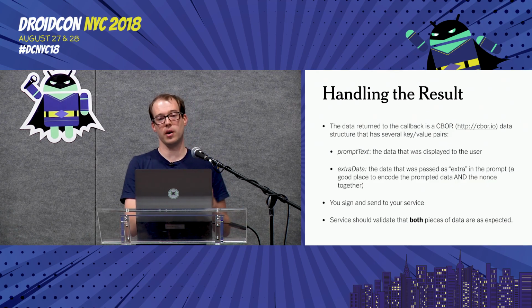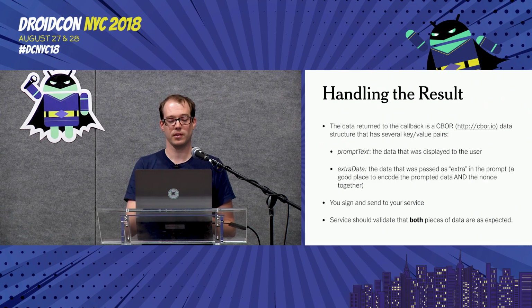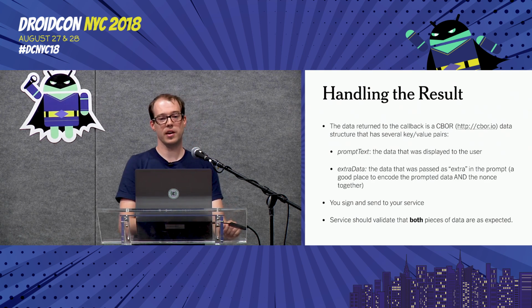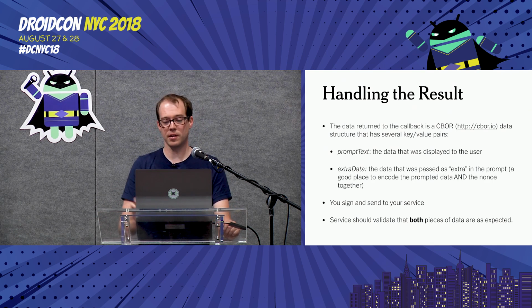This is where you make sure that the prompt matches what you want, and also that the extra data validates your nonce check to prevent replay. So you sign this CBOR data, you send that to your service, and you validate it. It's important to validate the prompt text because that is the only thing that you really can be sure was displayed to the user.